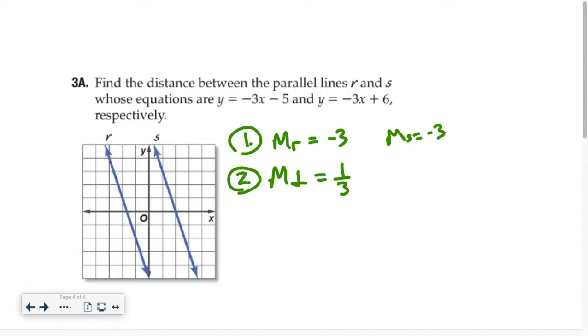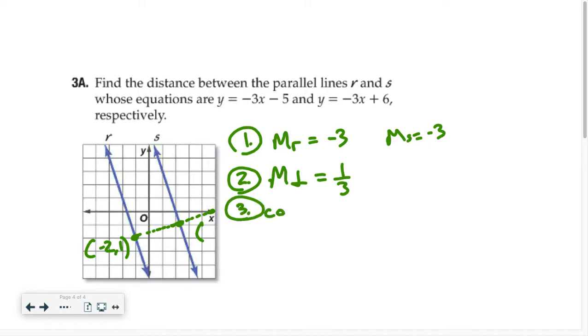And so you just have to pick a good point on one of the lines. I'm thinking there on line R. That's the point -2, 1. And you just go up 1 over 3. And you might have to go up 1 over 3 again so that you can see where these are intersecting. So there's about the best spot where they intersect.